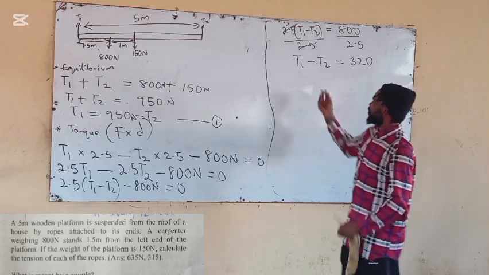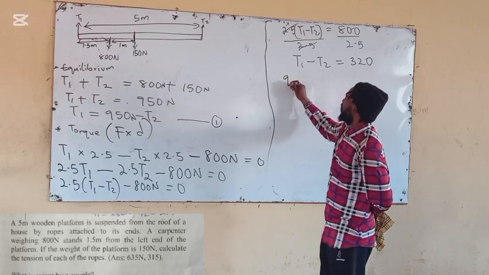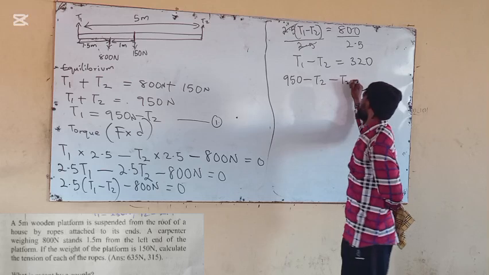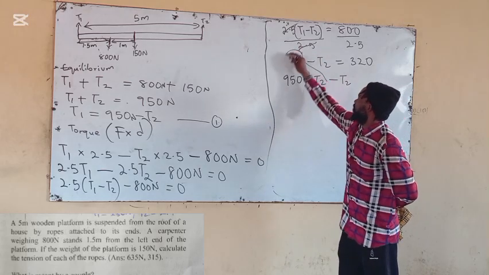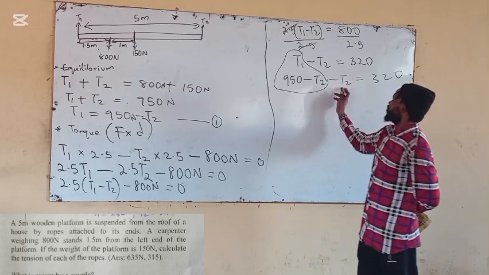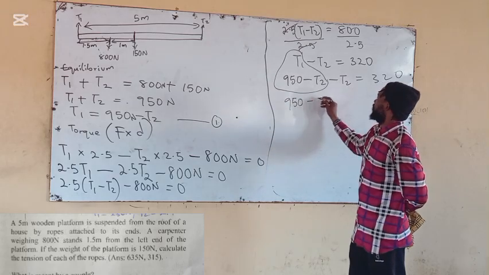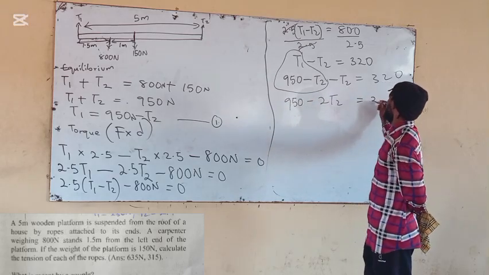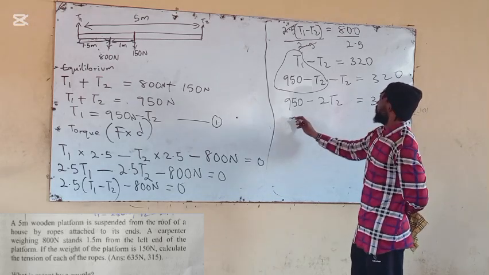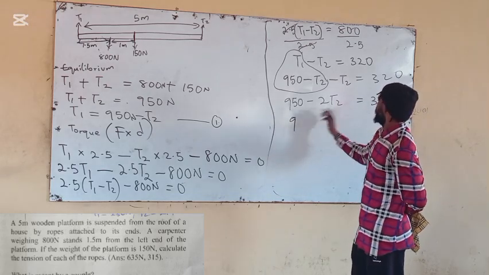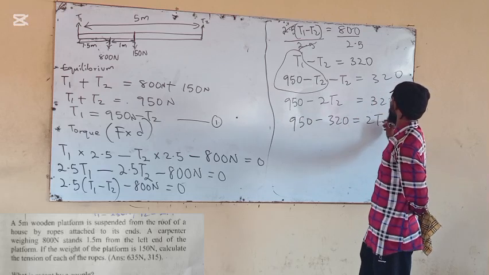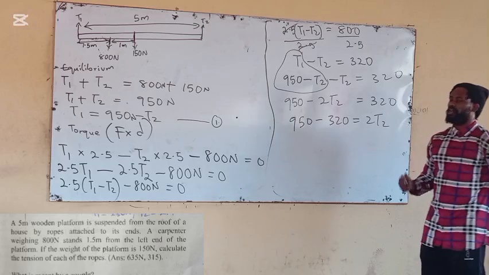And we know that somewhere we've gotten T1 to be 950. Okay, which means that this can be written as 950 minus T2 minus T2. Is it not true? Everything here for T1 is equal to 320. Alright, minus is going to give me 950 minus 2T2 equals 320. This can cross over so that I have 950 minus 320. What do you have?